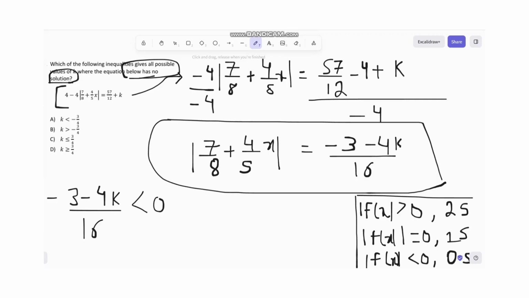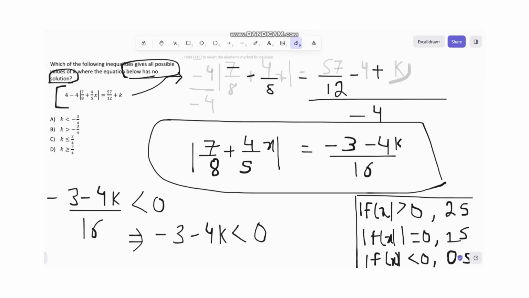That means we are getting negative 3 minus 4k less than 0, and finally we add 3 on both sides. Okay, I'm erasing this thing over here.